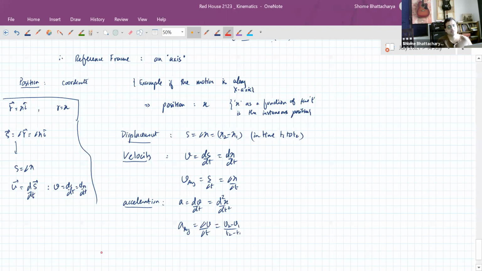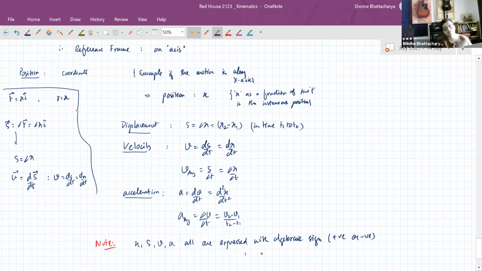So one thing we should understand here is that x is a coordinate, and displacement, velocity, acceleration are all expressed with an algebraic sign, positive or negative. So the direction is described by this.